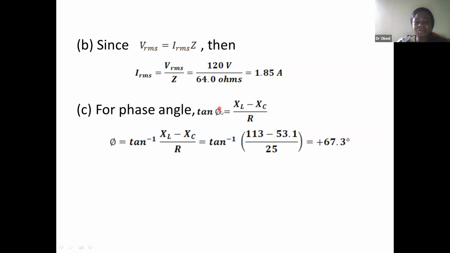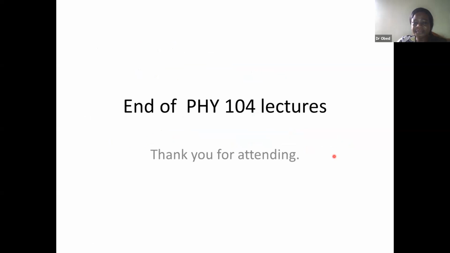For the phase angle, tan phi is given by this equation. You make tan phi the subject of the formula, and you are supposed to get this, the phase angle. So it will be there for you to look at later.